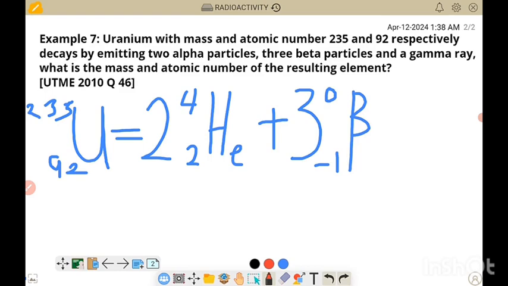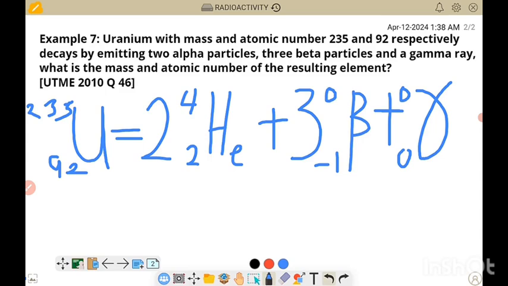Okay, and a gamma ray. When an atom emits gamma ray, both mass number and atomic number remain unchanged. With that, we are going to have this and this remaining unchanged. And they want us to find the mass and atomic number of the resulting element. Which element will it form?